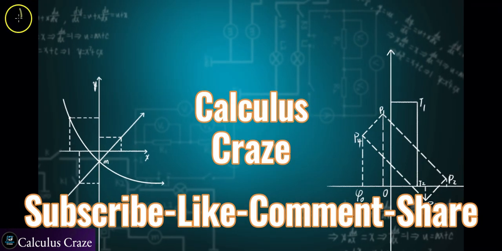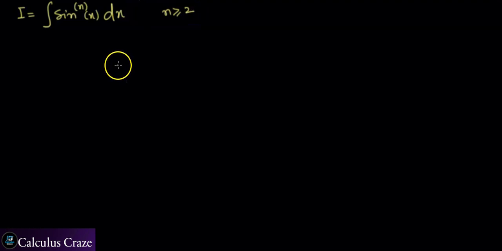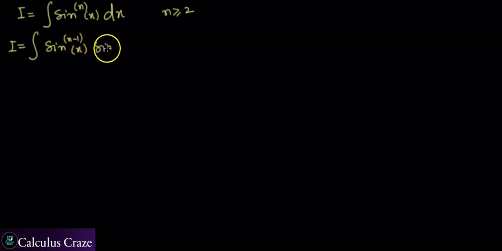Now we will use this integration by parts to find the reduction formula for the integral of sine power n of x dx, where n is of course greater than or equal to 2. So what we will do now, we will break down sine power n into two functions. One is sine power n minus 1 of x, and the other one is sine x dx. I will treat this as u and this as my dv.